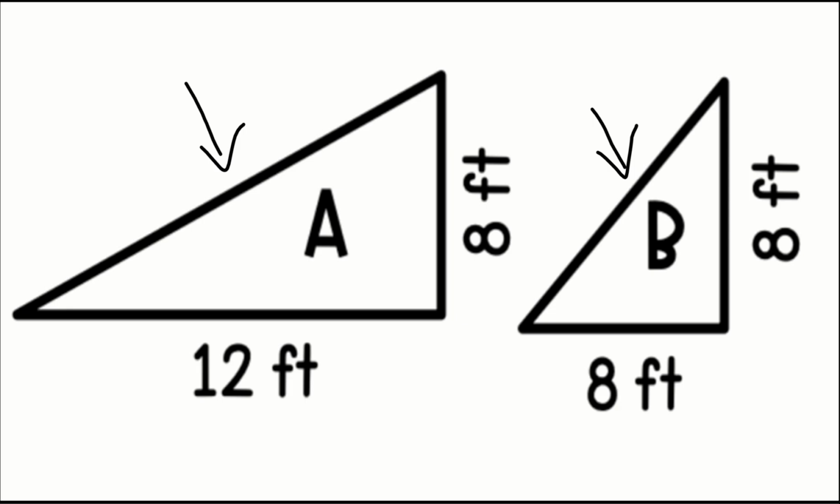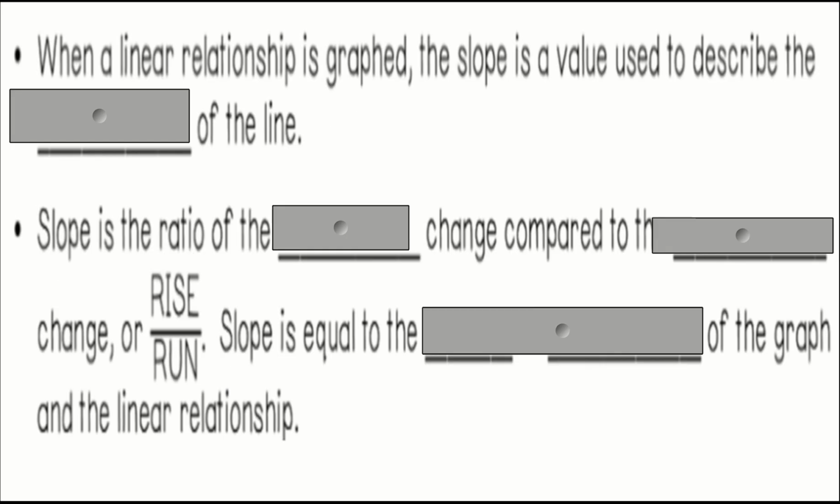All right, so I used the word we're going to be working with to start with to describe that, slope. You've heard slope for like ramps and angles, maybe even hills, stuff like that, right? So mathematically, when a linear relationship, so a linear function, is graphed, the slope is a value used to describe the steepness of the line.